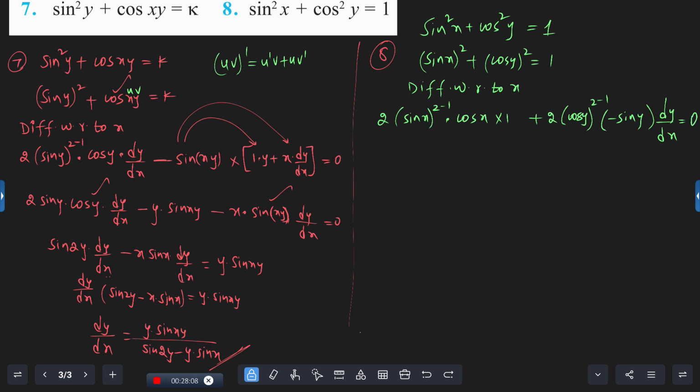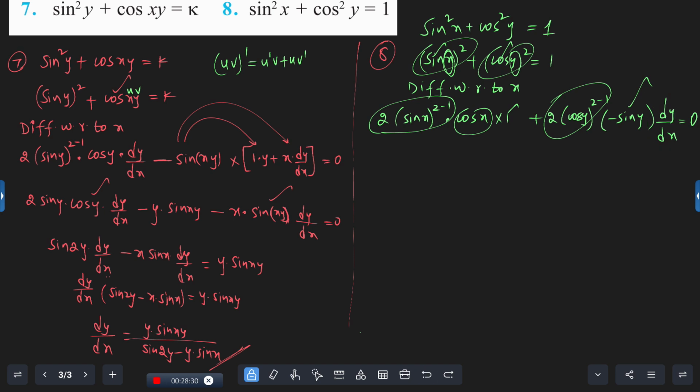The derivative of 1 is 0. Listen, once again I am telling: power 2 derivative, sin derivative is cos, x derivative is 1. Same manner here: power 2 derivative, cos y derivative is minus sin y, y derivative is dy by dx, and 1 derivative is 0. Is it okay?